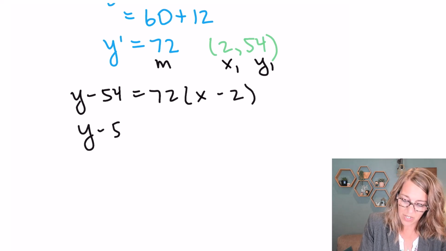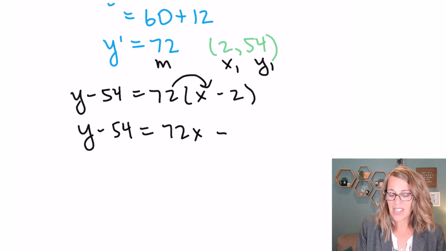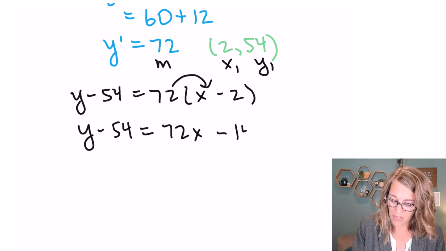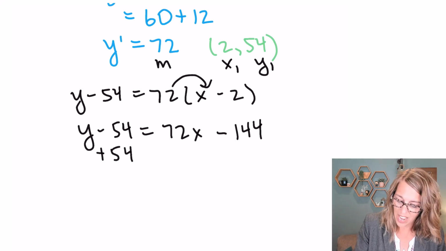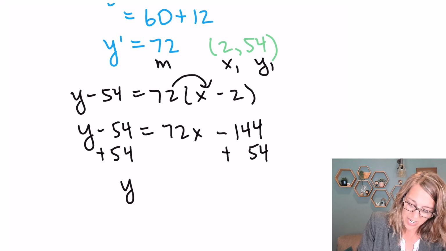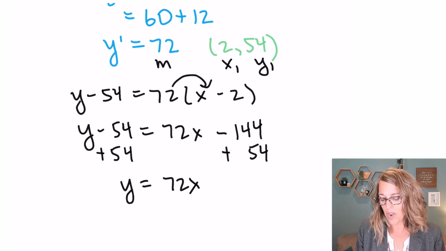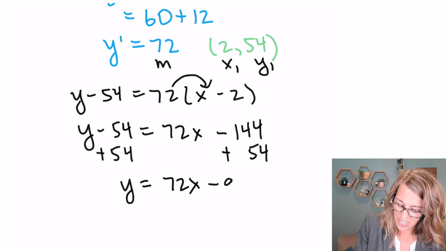Y minus 54 is equal to, distribute that 72, 72x minus 72 times 2, that's 144. I need to add 54 to both sides, plus 54, and y is equal to 72x. 144 plus 54 is going to be negative 90.